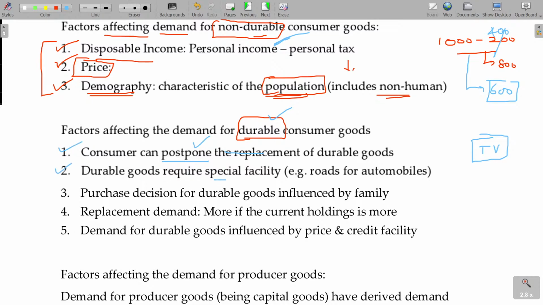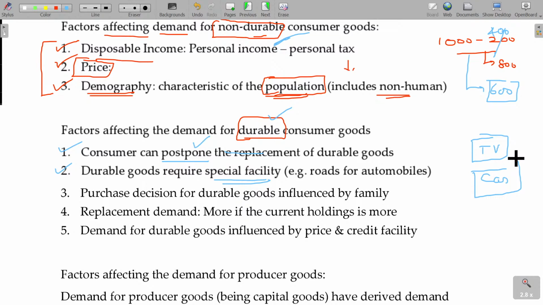Durable goods require special facilities, right? Car. If you want to purchase a car, what's the problem you have? You don't have the proper road facilities. I too want to purchase a car. Sometimes when I go, I see a second-hand car.